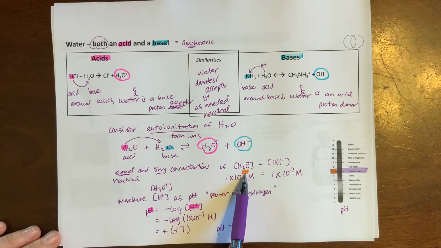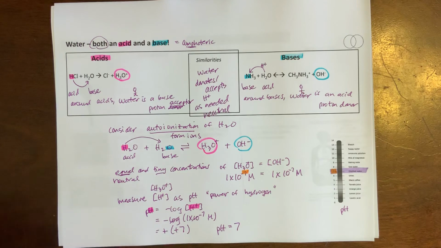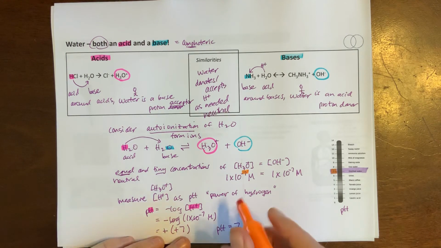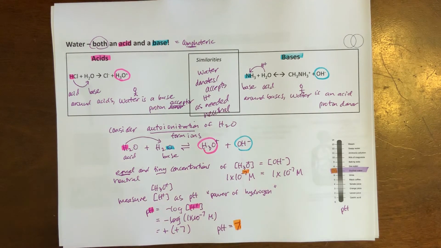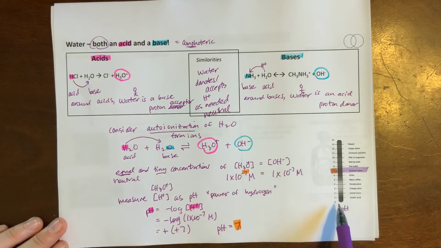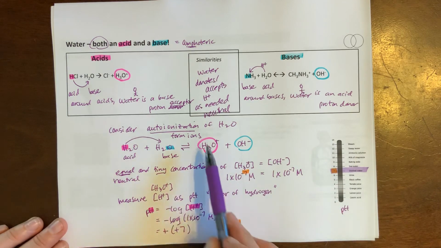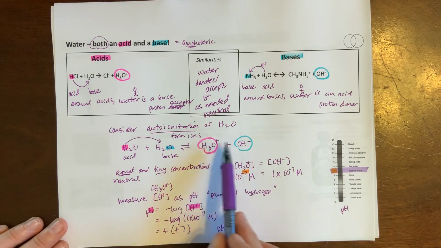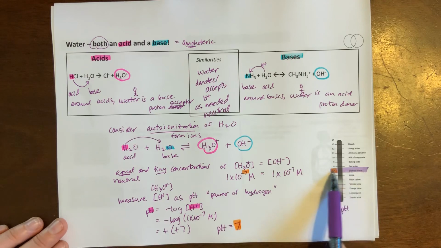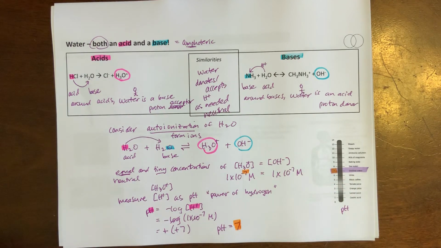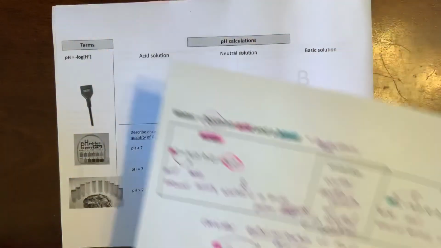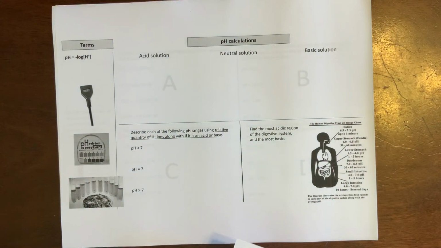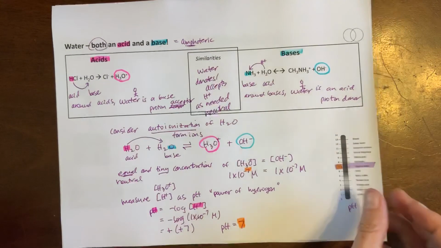So it's the exponent with the charge flipped, essentially here. And so we can eyeball a lot of our pHs just by looking at the exponent and changing the sign. We know where we are on our pH scale. And for water, which has equal amounts of protons and hydroxides, I find myself right in the middle with a pH of 7. So on the next page, we will talk a little more about those pHs, and then on the following page, we'll calculate some of those.